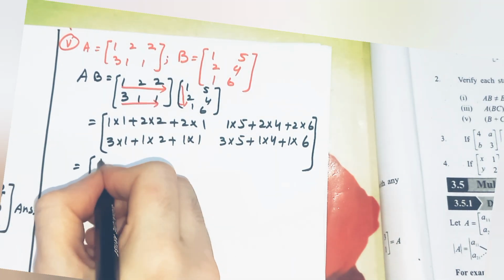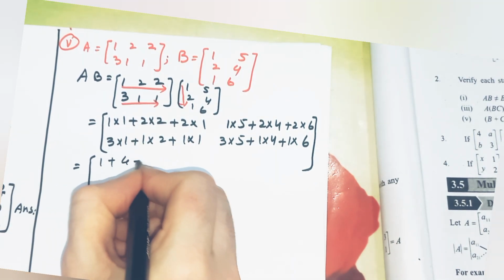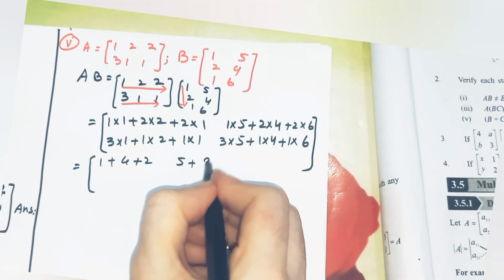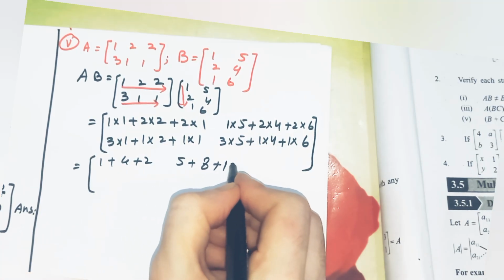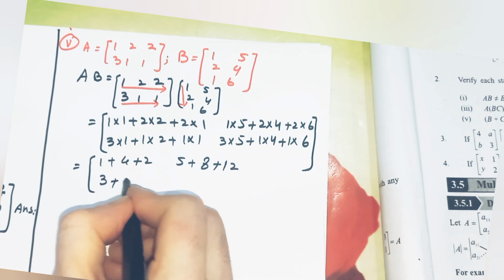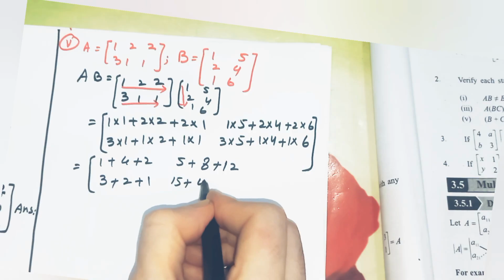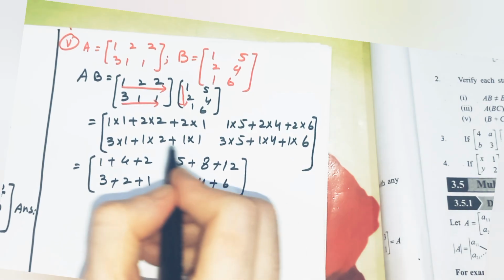Now 1 into 1, 2 2s are 4, 2 1s are 2, 5, 2 4s are 8, 2 6s are 12. 3 1s are 3, 2 1s are 2 and 1. 15, 4 and 6.